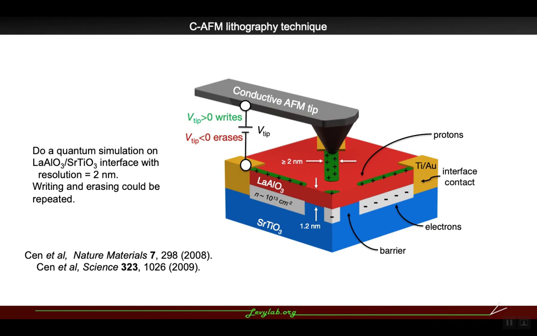If we want to erase them, such as to get some barriers, we can apply a negative voltage. They both just leave protons or deprotonate. The writing and erasing can be repeated, so it is reproducible.